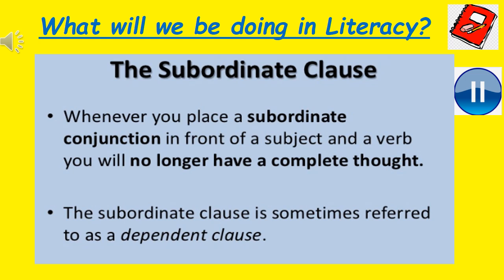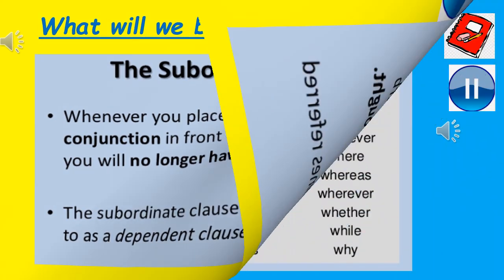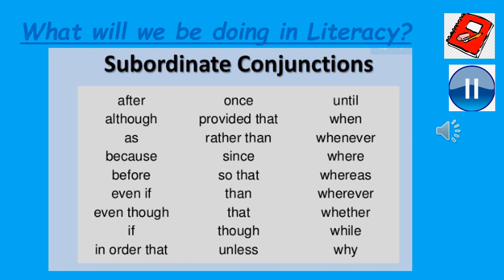Whenever you use a subordinate clause, you should use a subordinate conjunction in front of the subject and verb. Here are some examples of subordinate conjunctions. I bet you use these all the time anyway, and now you know what they're called.